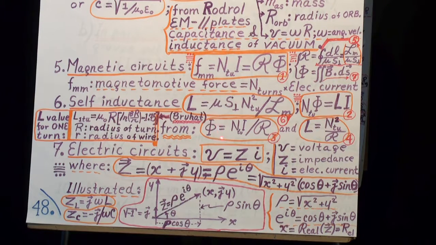you find that flux is Ni divided by R, okay? And you find that the L that you define there is number of turns squared divided by the reluctance. We simply eliminated the flux there using the other equation.